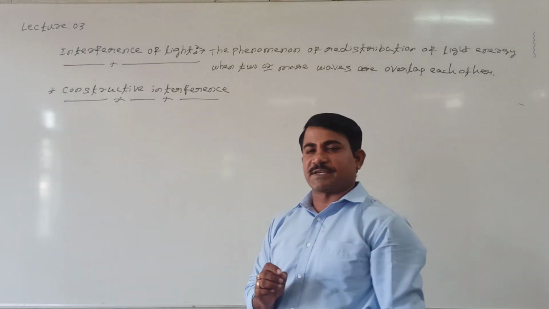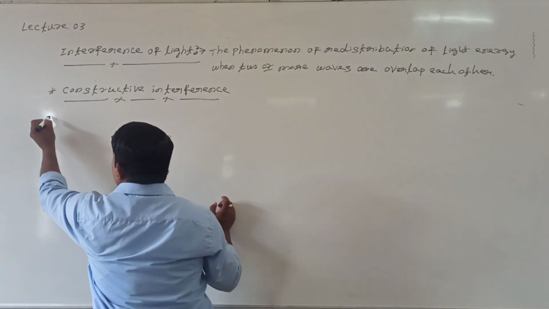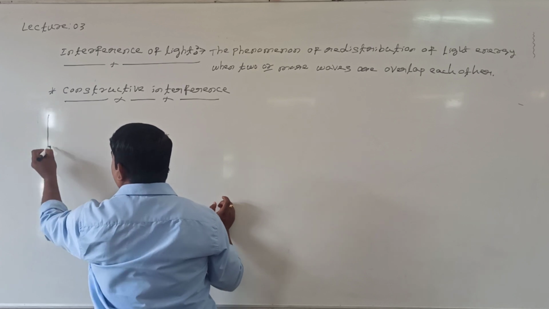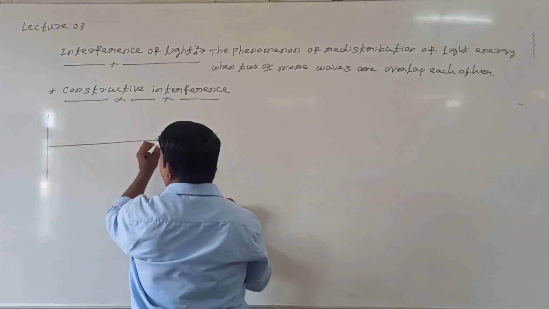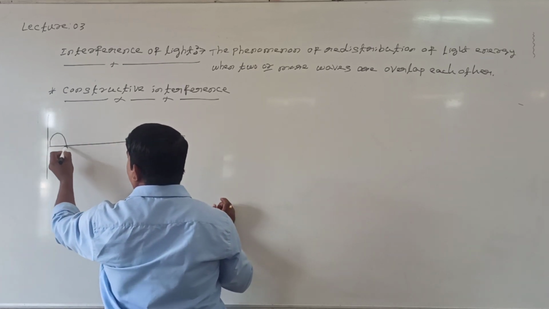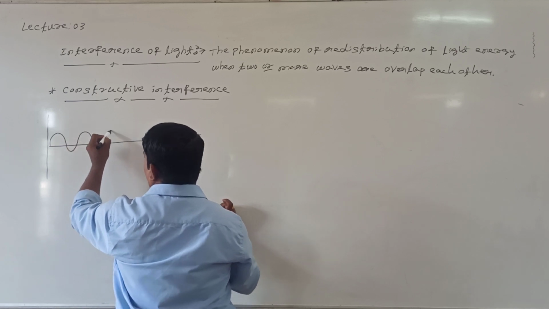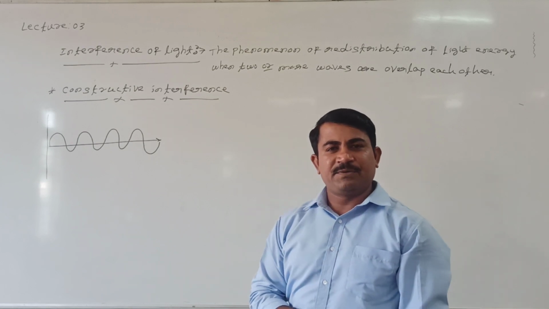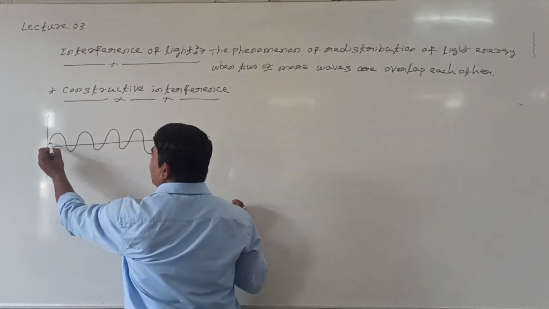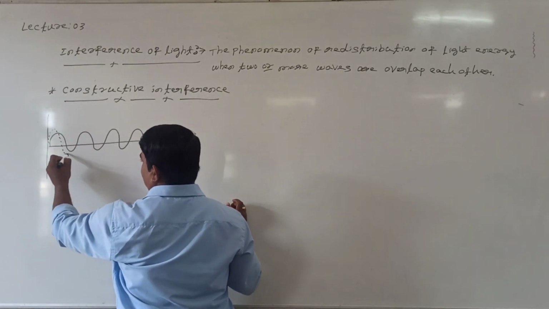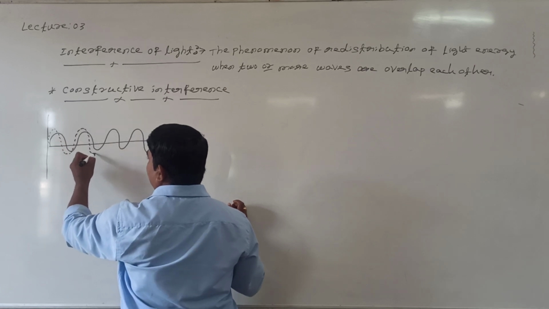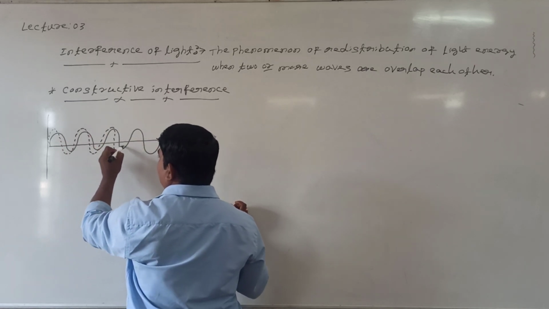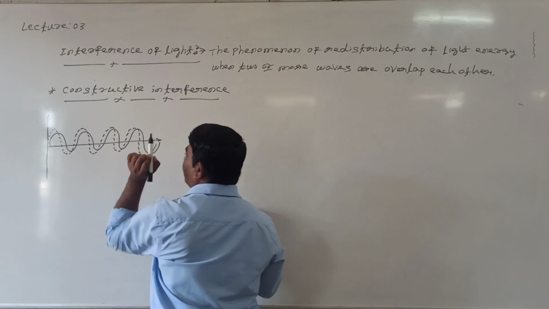Constructive interference. See here. I can take this as a linear source of light. From this linear source of light, consider a light wave emitting like this, of the same wavelength and the same amplitude. One more wave can originate from this point such that crest is overlapping with the crest or trough is overlapping with the trough.